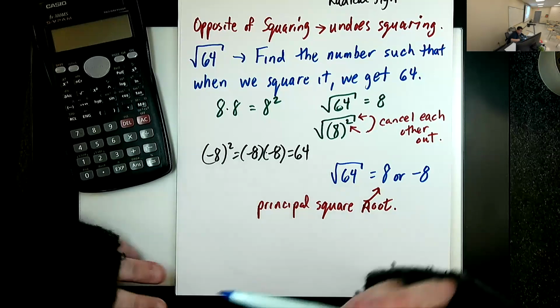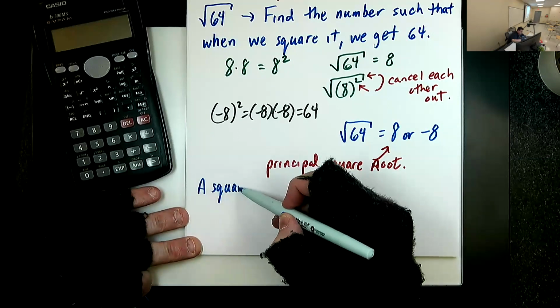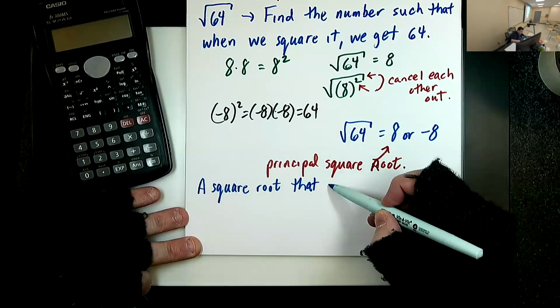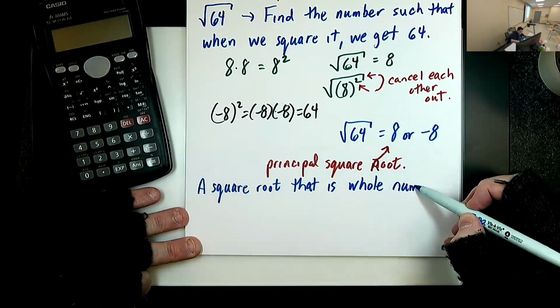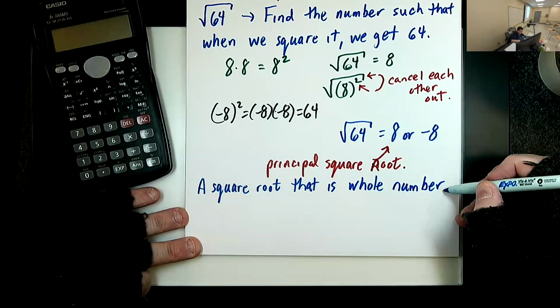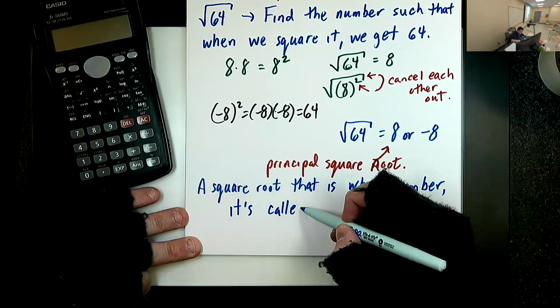And when you have a square root that is a whole number, like 1, 2, 3, 4, 5, something like that, it's called a perfect square.